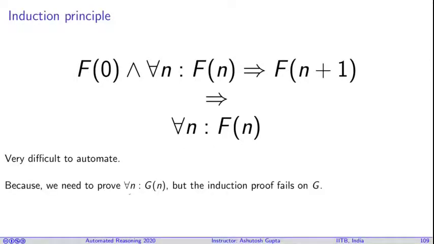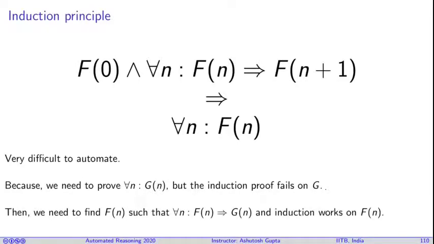Okay, because we need to prove, let's suppose, f(n) is equal to g(n), but the induction proof fails on g. Then we need to find f(n) such that f(n) implies g(n) and the induction works on f(n). So the problem given to you is in some other form. You need to translate the problem into an f(n) form such that you can apply the induction.